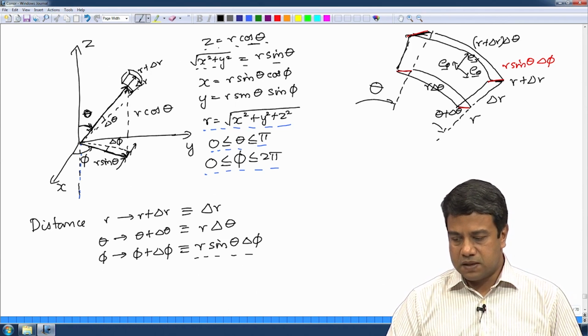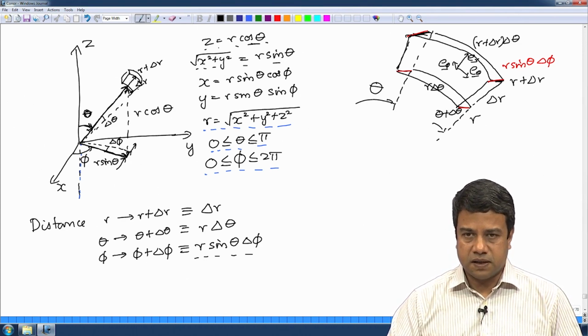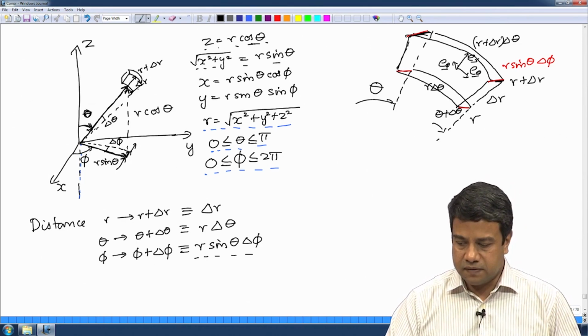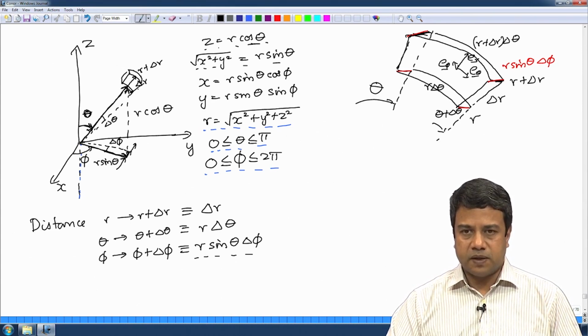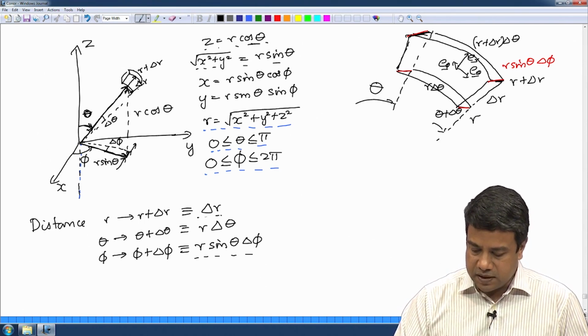So, there has to be one surface at r and one surface at r plus delta r, one surface at theta and the other surface at theta plus delta theta, one surface at phi and the other surface at phi plus delta phi. Along the r direction, if you increment by a small distance delta r, the actual distance moved is delta r itself.